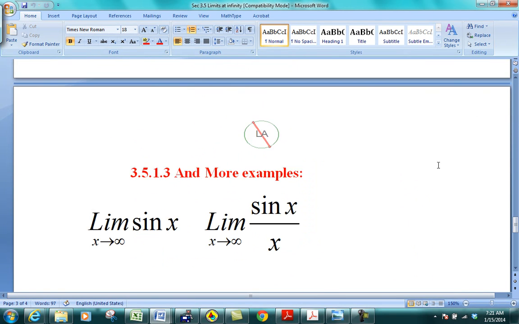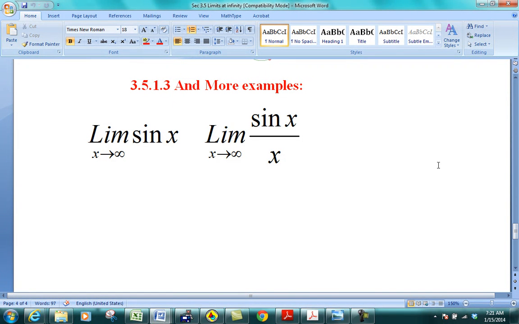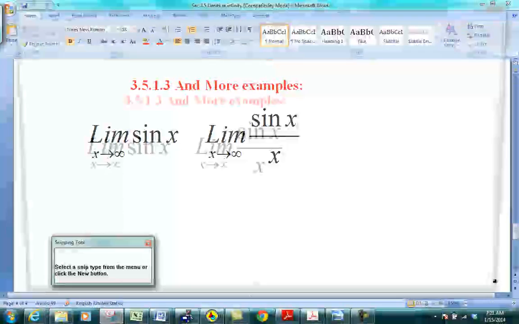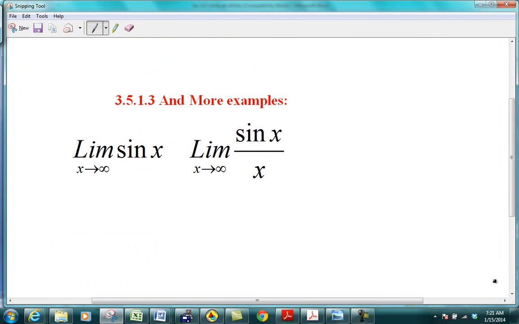Okay, some more examples. Okay, so these are trig examples. Okay, and if I look at the first one, okay, which is this one here, then you know that the sine graph does something like this.